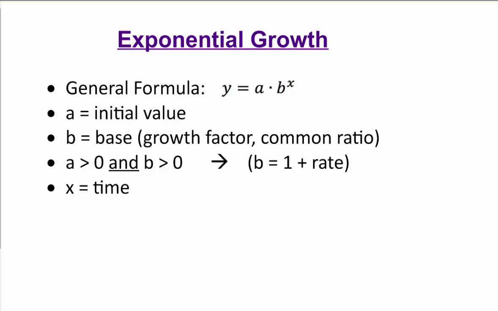And then we have a is greater than 0 and b is greater than 1. To get your b value, as I mentioned before, we do 1 plus the rate, because it is growing, so we are adding the rate to 1. And then x is going to represent time in most cases.